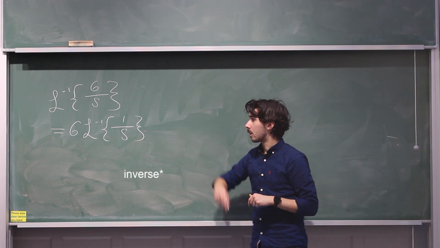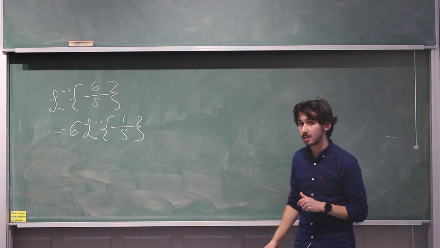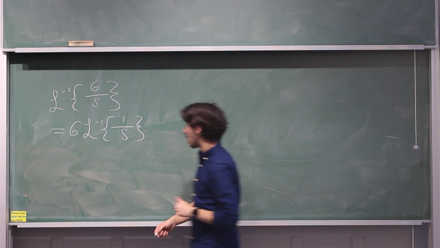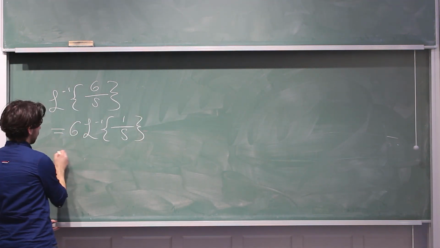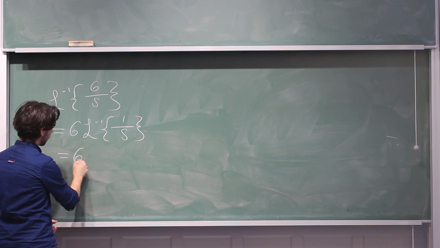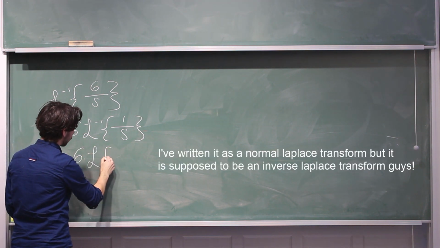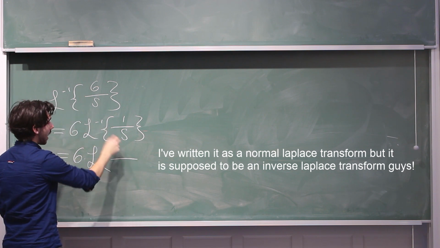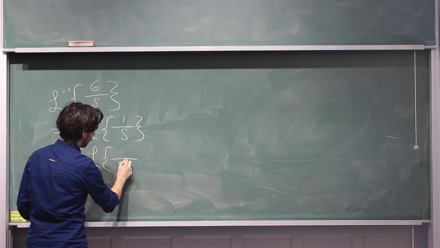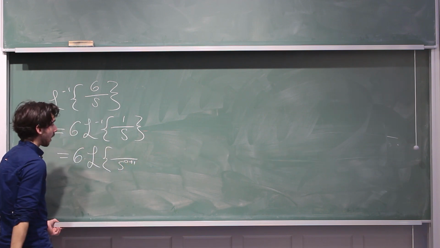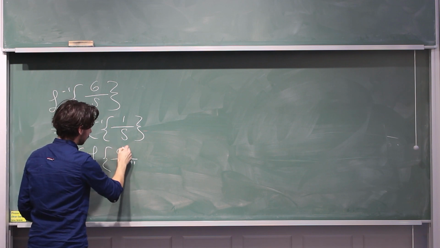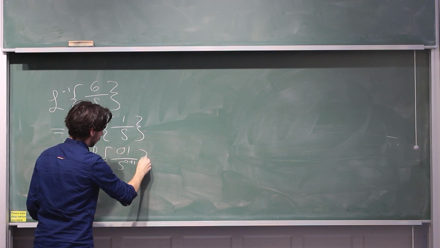Now, you might know what the Laplace transform of 1 over s is already, but if you don't, let's write this as 6 times the inverse Laplace transform. I'm going to write s as s to the 0 plus 1, and I'm going to write 1 as 0 factorial.